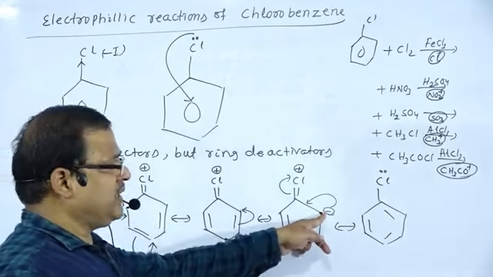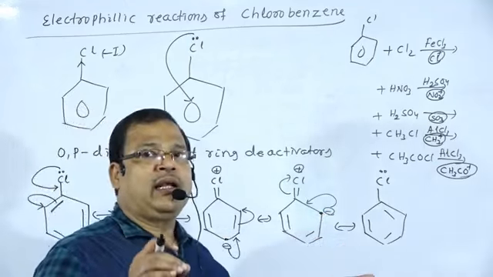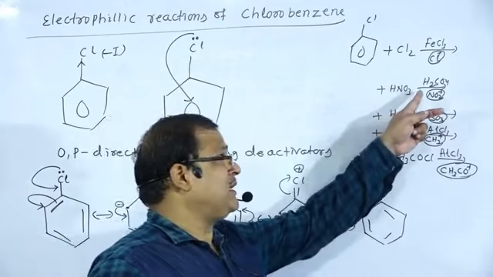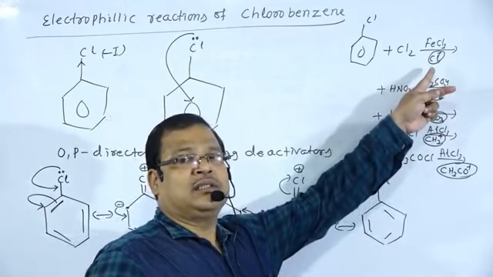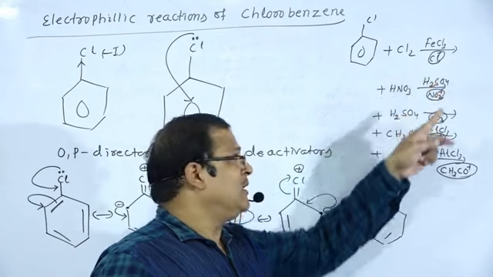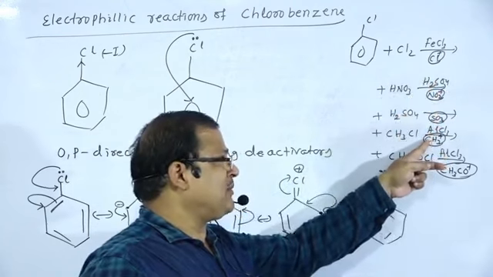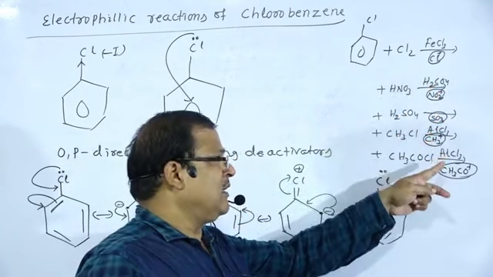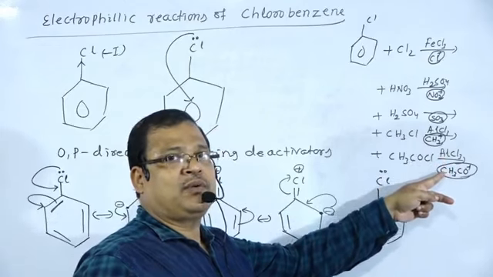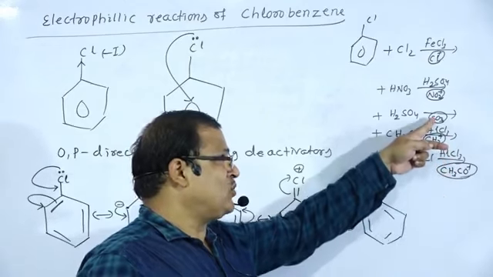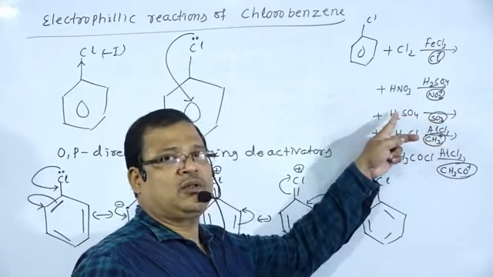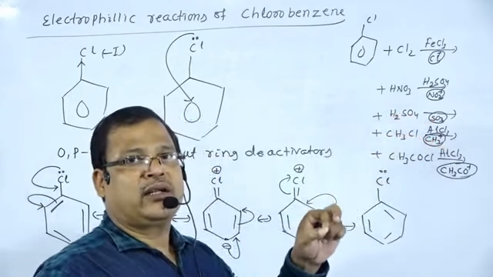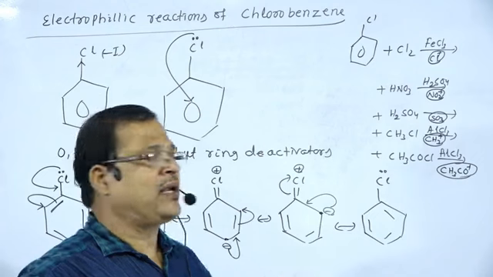The electrophile NO2 plus in nitration, Cl plus in chlorination, CH3 plus in Friedel-Crafts alkylation, CH3CO plus in Friedel-Crafts acylation, or SO3 in sulfonation will get directed to enter at the ortho and para positions.